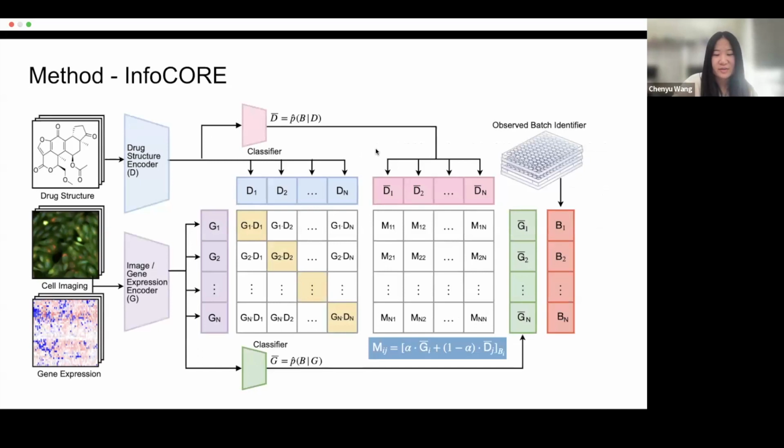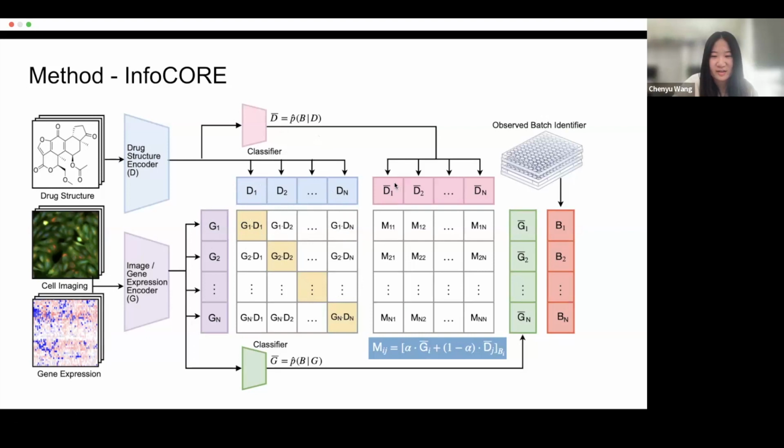And this is the figure to illustrate the pipeline of our method. The left part is the same as the CLIP model, where we have two data modalities and an encoder for each single modality. We also have the latent representations of each modality, and we can calculate the similarity between each pair in this matrix, with the diagonal being the positive pairs and all the other elements being the negative pairs.